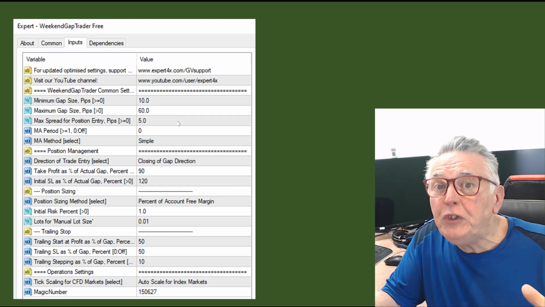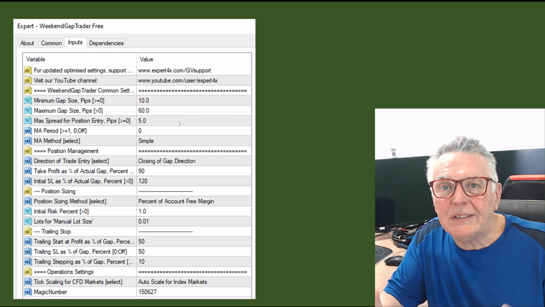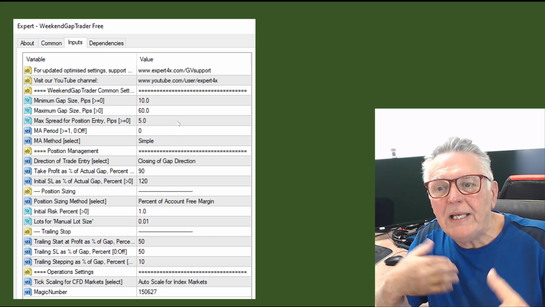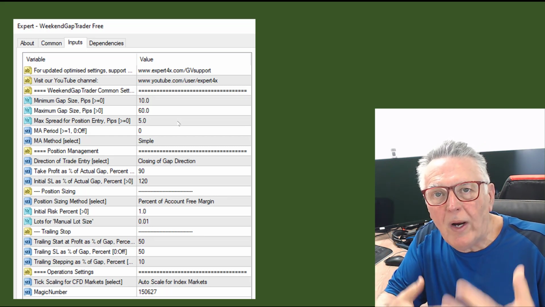So the solution to this is actually to find brokers that don't have any minimum stop levels, because then the EA will work quite normally.